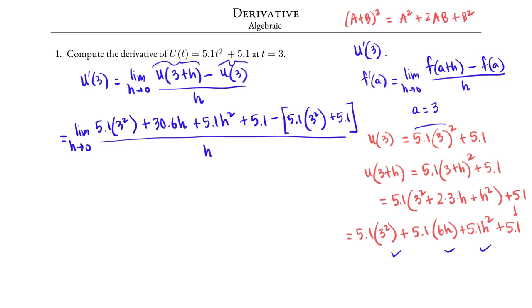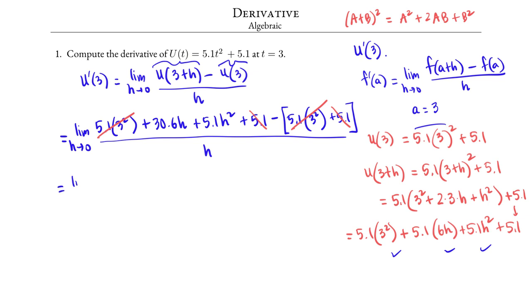The reason why we did not simplify 5.1 times 3 squared is because we saw a 5.1 times 3 squared up there as well. And if we do this correctly, there is a good chance that we will cancel it out. 5.1 times 3 squared minus 5.1 times 3 squared cancels out. 5.1 minus 5.1 cancels out as well.